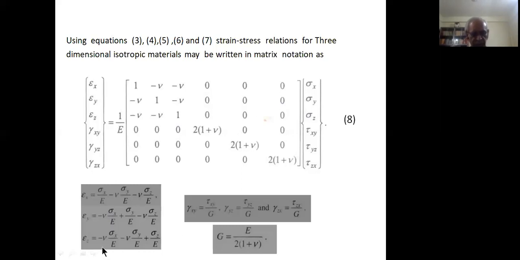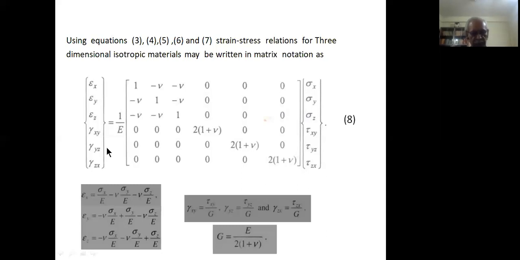The third equation, epsilon z: again, the first two effects are negative, so there will be only the nu effect or Poisson's effect, so minus nu, and the third one is positive, 1, and the shear stress terms are 0.